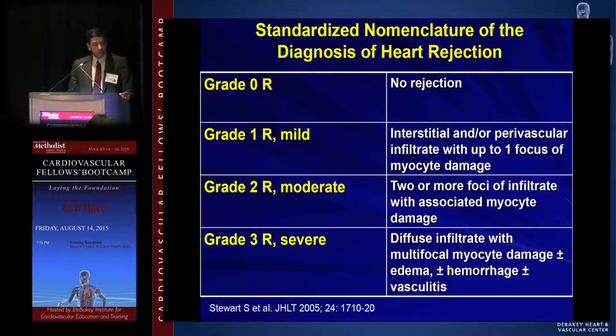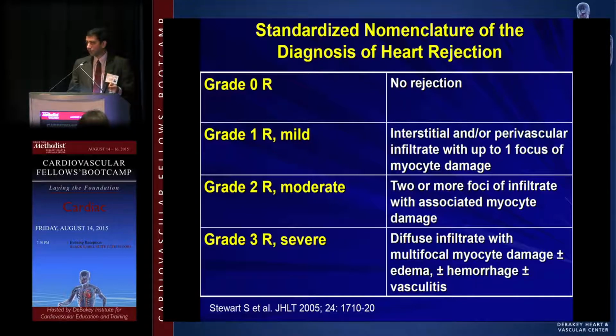When you're looking at cellular rejection, it is characterized by infiltration of lymphocytes in the cardiac tissue. Grades 1R, 2R, 3R are all based on the extent of infiltrate and myocyte damage. These can be associated with or without graft dysfunction.